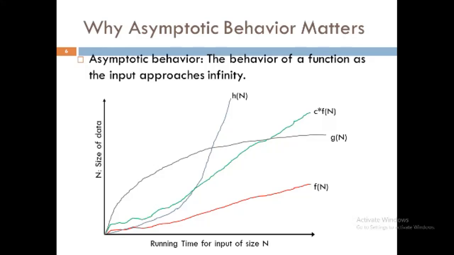The approximation of the large harmonic number, 1 plus 1 by 2 plus 1 by 3 plus up to 1 by n, is log of n, as n tends to infinity.